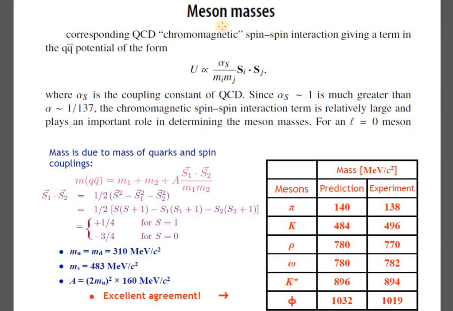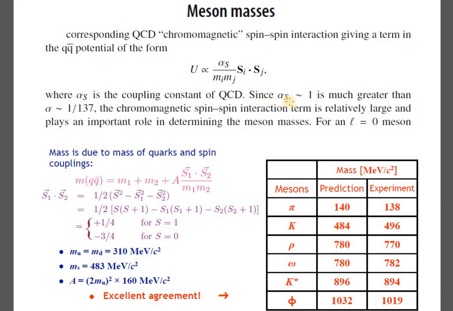Okay. Now, the meson masses we are going to estimate right now. The baryons are much harder. I am not going to talk about it today. Now, the corresponding QCD spin-spin interaction in this potential form, we are just using a similarity estimate from the QED case, and let us assume this form, where alpha is the coupling constant of QCD.